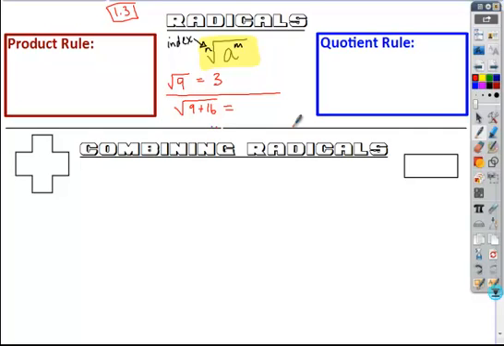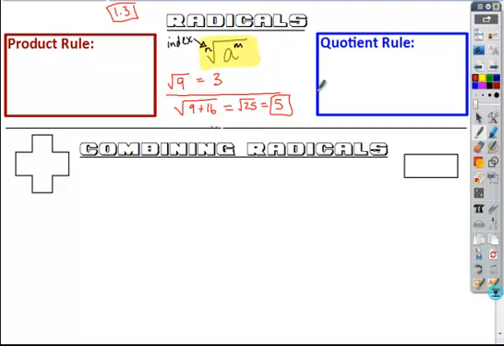Square roots and radicals don't distribute through a sum. So this is not the square root of 9 plus the square root of 16. This is the square root of the sum of 9 and 16. So you take the sum of 9 and 16, which is 25, and the square root of 25 is 5. And that would be your simplified form.